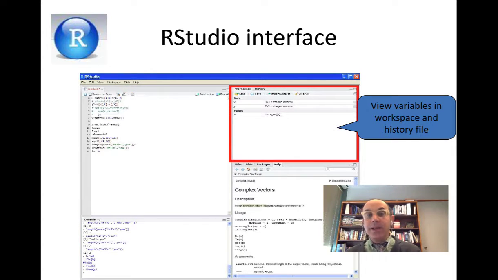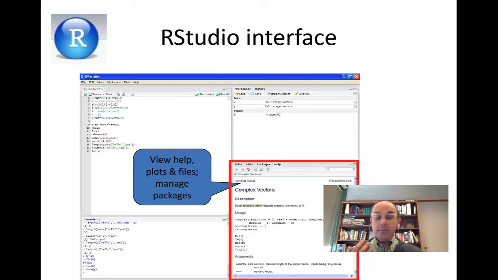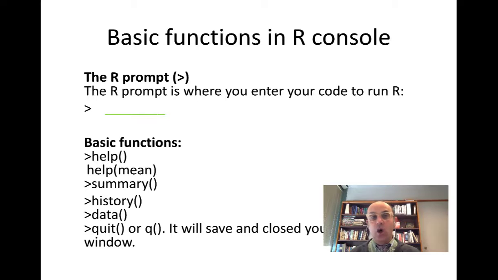The third window is where the workspace is set up, where you're going to load data and see the history of what you have done. And the fourth window is where you're going to see the help files, the images, and the packages that you can embed into your workspace and manage, or install new packages, and so on.